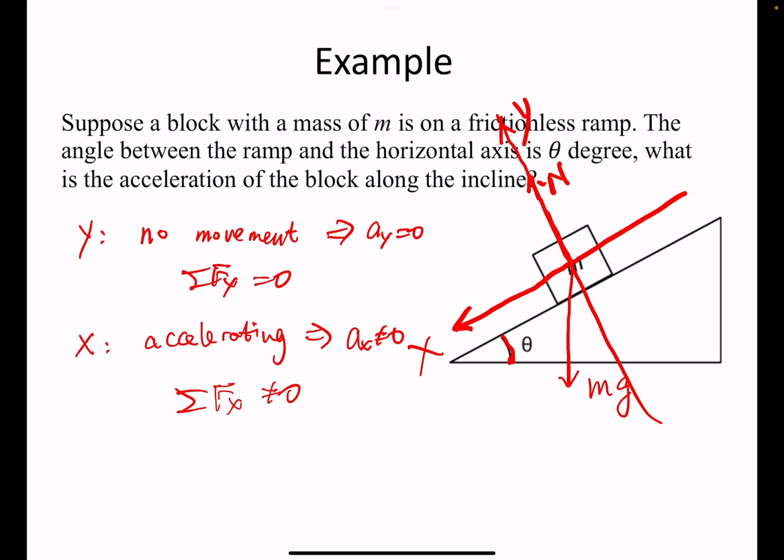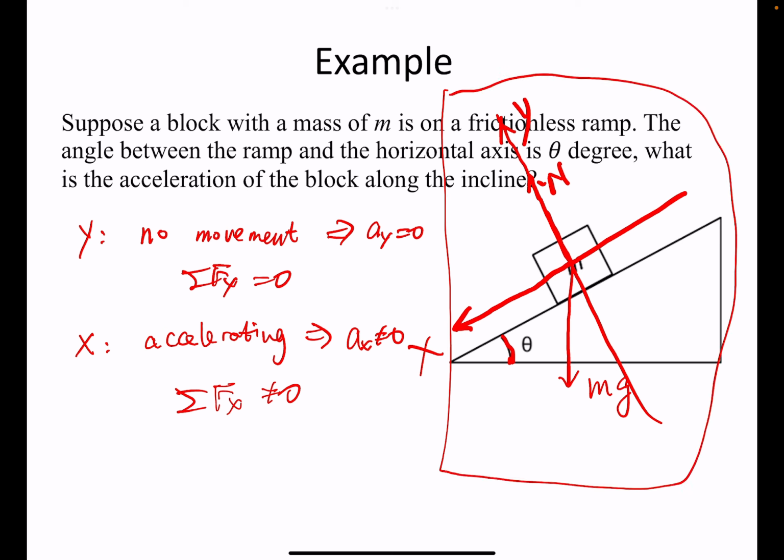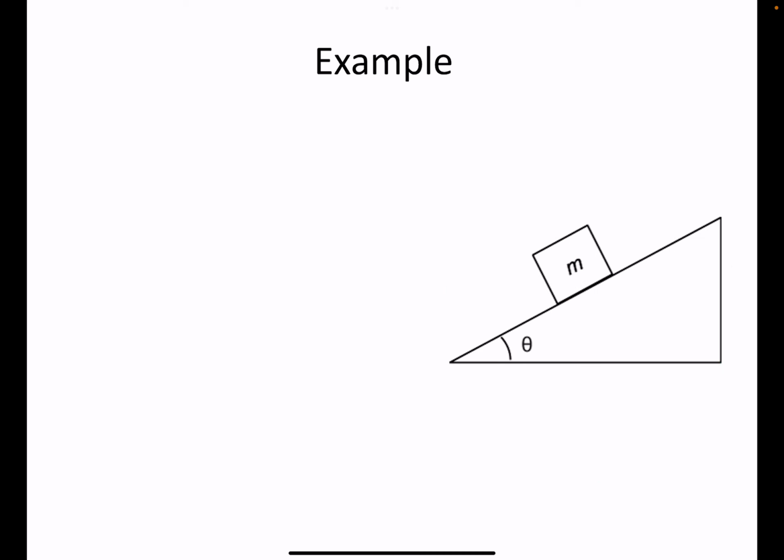So I will ask you to draw this free body diagram on a piece of paper, and then turn your paper clockwise by angle theta. What would the free body diagram look like for you?